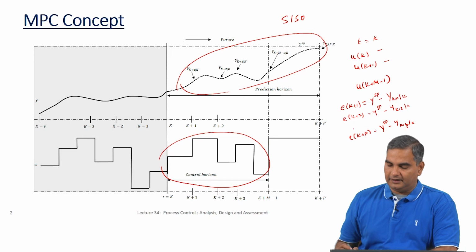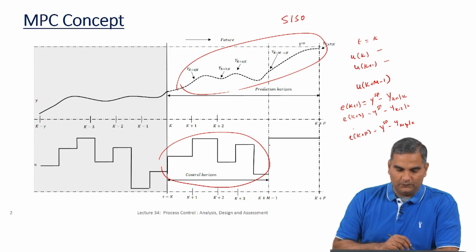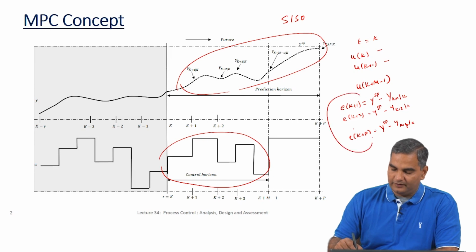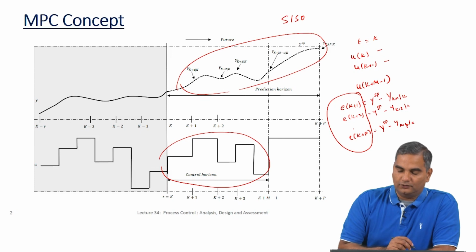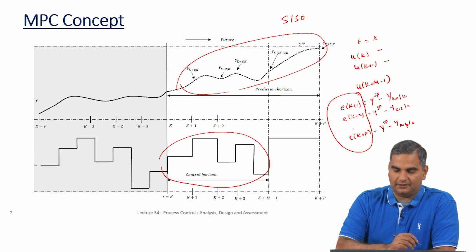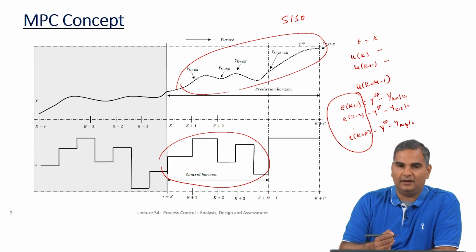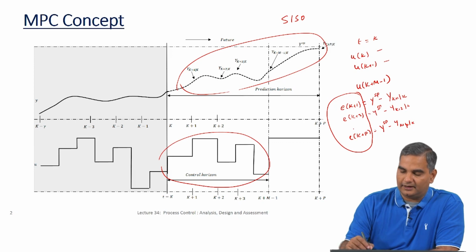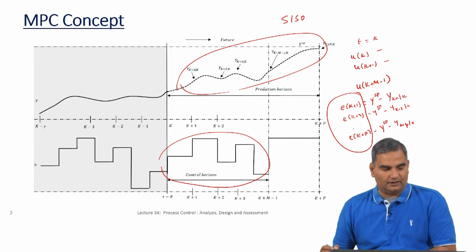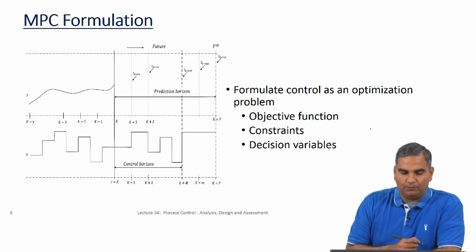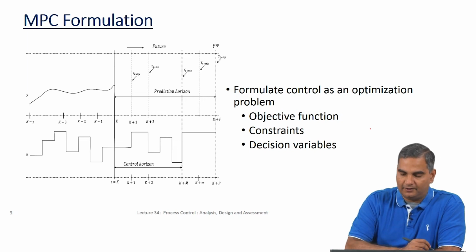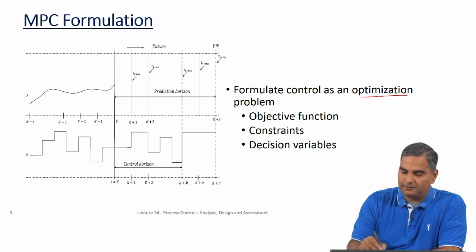So, then basically somehow I have to come up with a criterion which jointly or collectively minimizes all of these values. So, that is the important idea. So, the optimization problem should have some way of jointly or collectively minimizing all of these errors is what we are looking at. So, from an MPC formulation viewpoint, what we are saying is we want to formulate this model predictive control as an optimization problem.